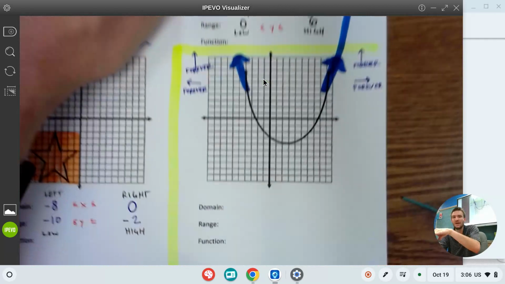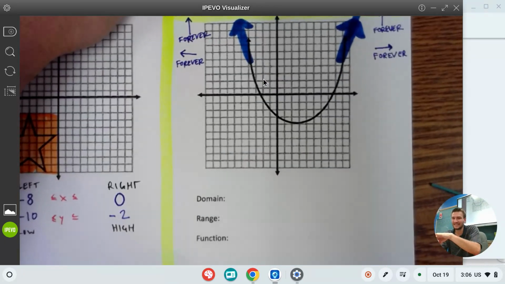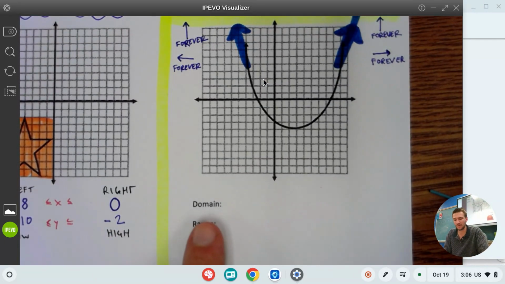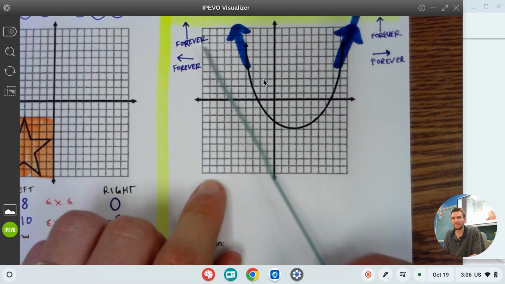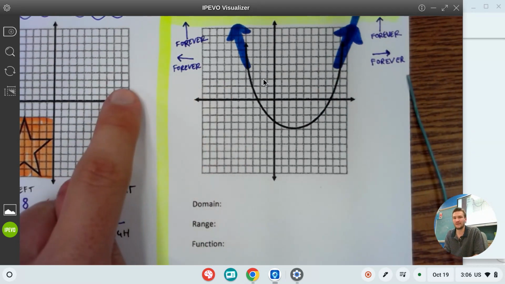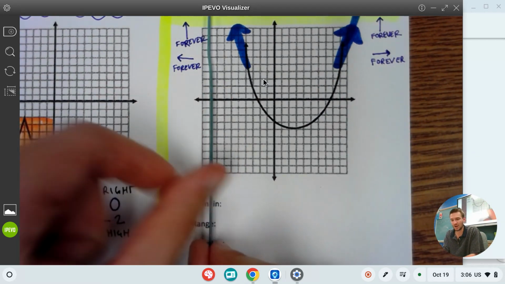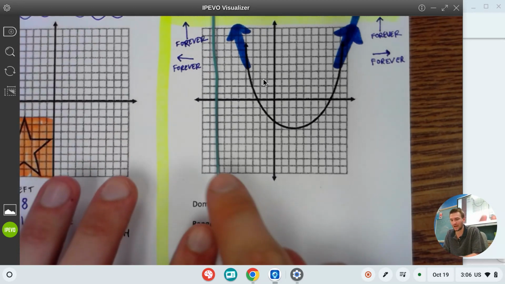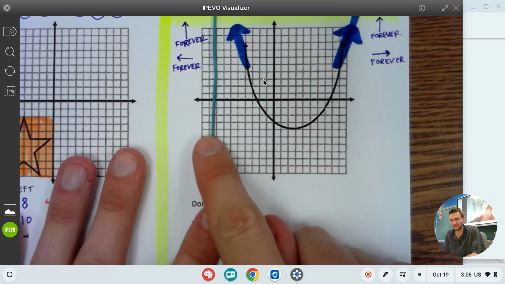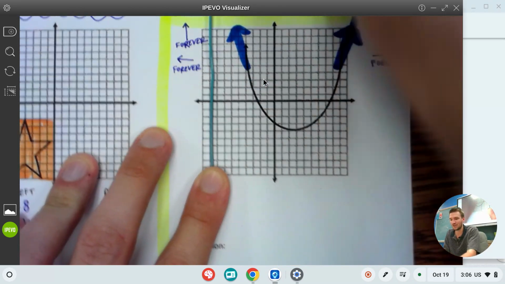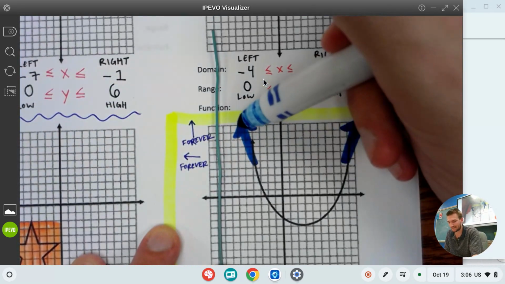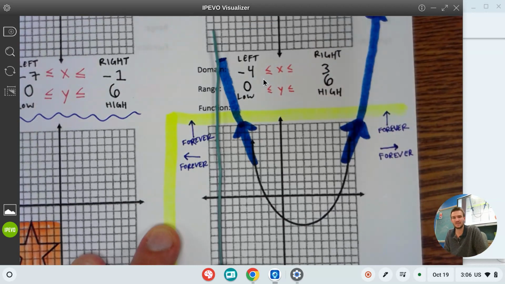Because when you're on the right idea, when we're thinking about the domain, this graph goes up forever, but it also goes to the sides forever. So if I look over here, could I find my graph over here? Yes, because even though it doesn't look like it right now, the graph's going to keep going and it's going to touch the line.